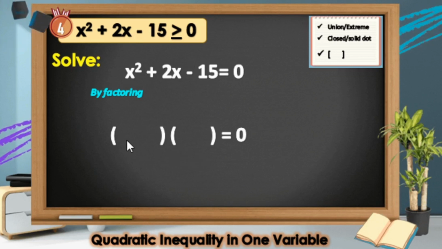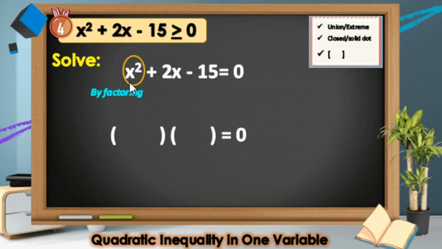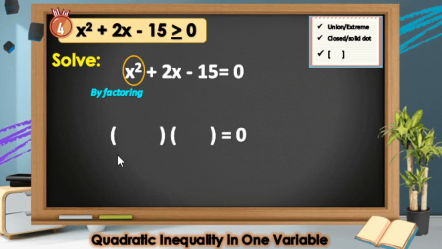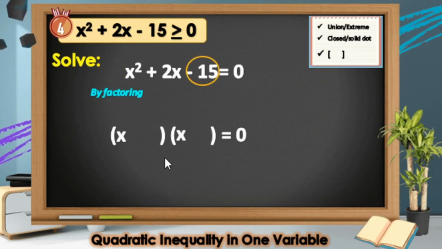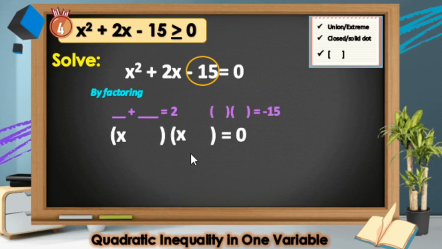So, magkakaroon tayo ng dalawang binomials. Syempre, titingnan natin yung first term, which is x squared. So, anong factor ng x squared? Ang factor niyan ay x times x. And then, yung last term, which is negative 15. Anong factor ng negative 15 na kapag in-add natin ay positive 2, which is yung value ng ating b, and kapag minultiply naman natin ay negative 15, which is yung value ng ating c.